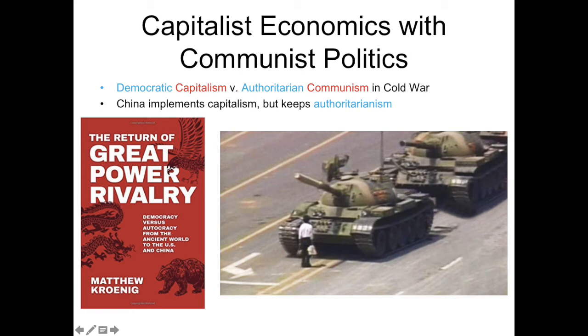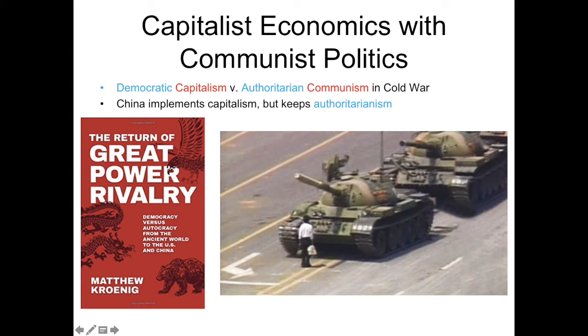On the left, I included a book by Matthew Kroenig, who's a professor at Georgetown University. His book is titled "The Return of Great Power Rivalry." It talks about how the United States, China, and even Russia have now entered a new era of great power competition.